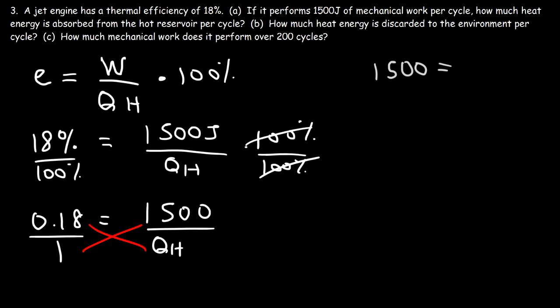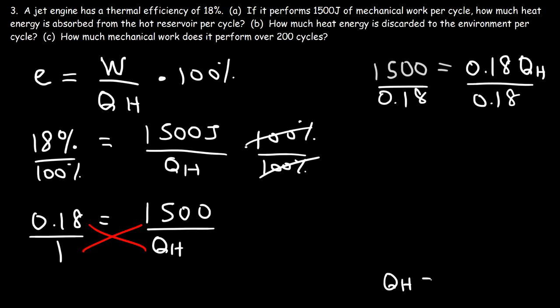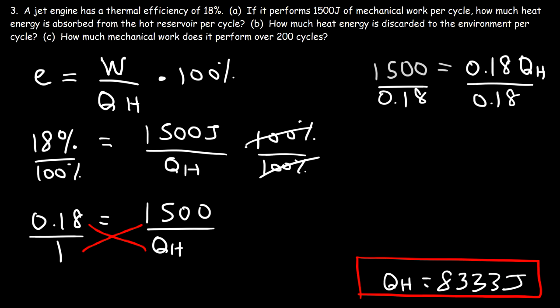And then that's going to be 0.18 times QH. So to calculate QH, we need to divide both sides by 0.18. So QH in this example is 1500 divided by 0.18, which works out to be 8,333.3 joules. I'm just going to round it to the nearest whole number. And so this is the answer for part A.